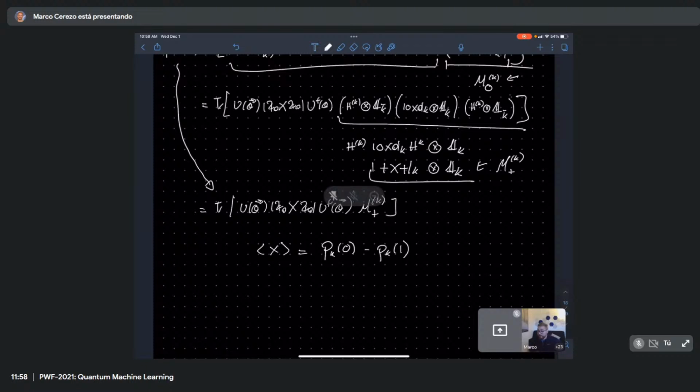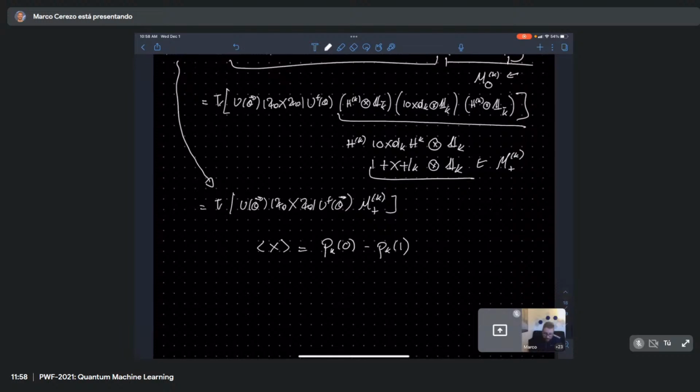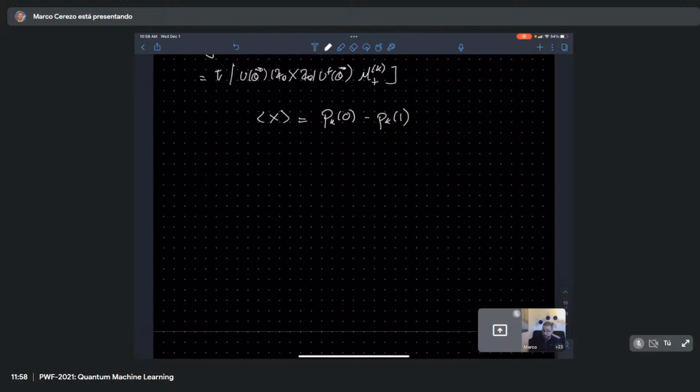Now let's go to something more complicated. How do we go about computing the expectation value, for instance, of 2-body Pauli operators? So imagine that now.